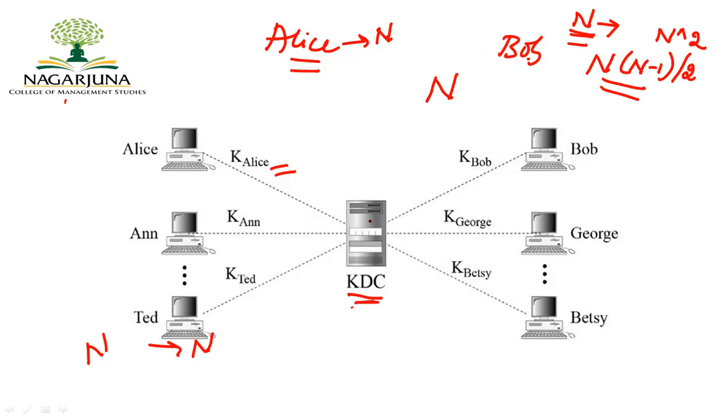Now the KDC is able to share Alice's key with Bob, so that there is communication between Alice and Bob with the help of the KDC. Very similar to that, Anne wants to communicate with Bob or George, so Anne shares her key with Bob or George with the help of the KDC.